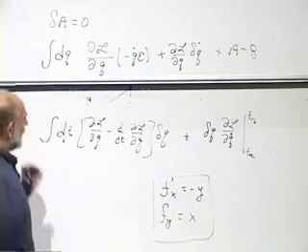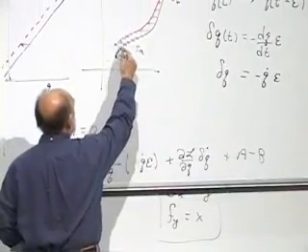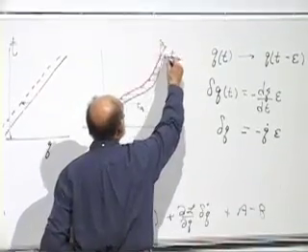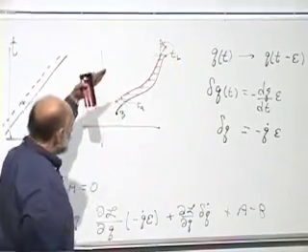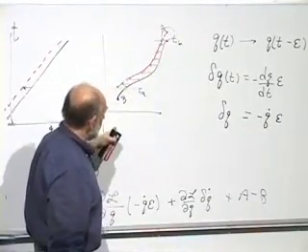But then I've left out these extra little contributions coming from here and from here. I'm interested in the difference of the action on the red trajectory and the black trajectory.